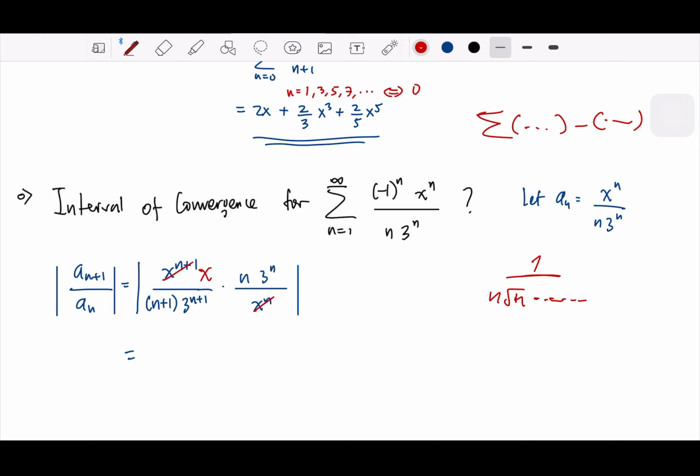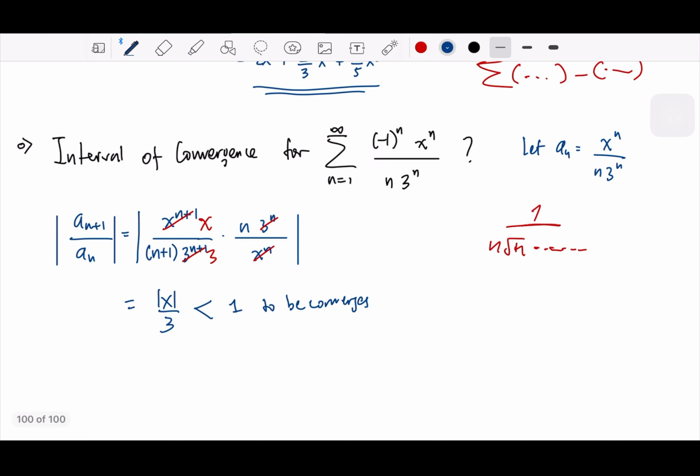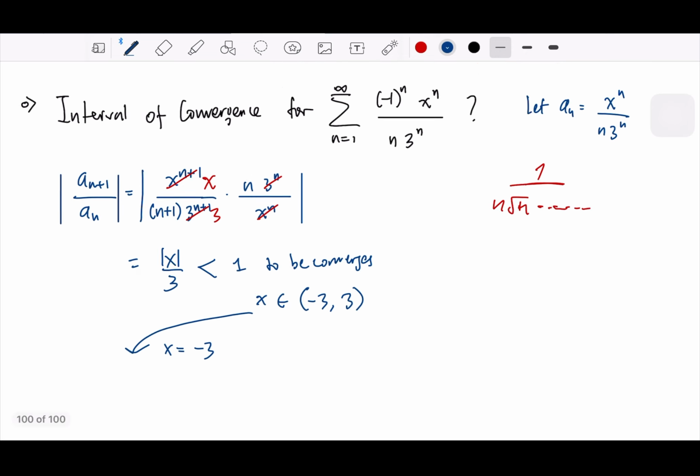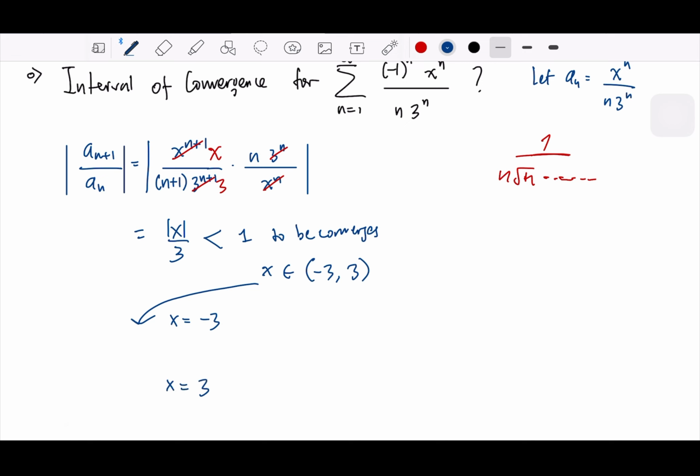Okay, now let me just finish this, and this will be having x, having 3. So you will have, and you need to have less than 1 to converge, right? To converge. So it should be, okay, x should be in this range, but we need to check, okay? Check.